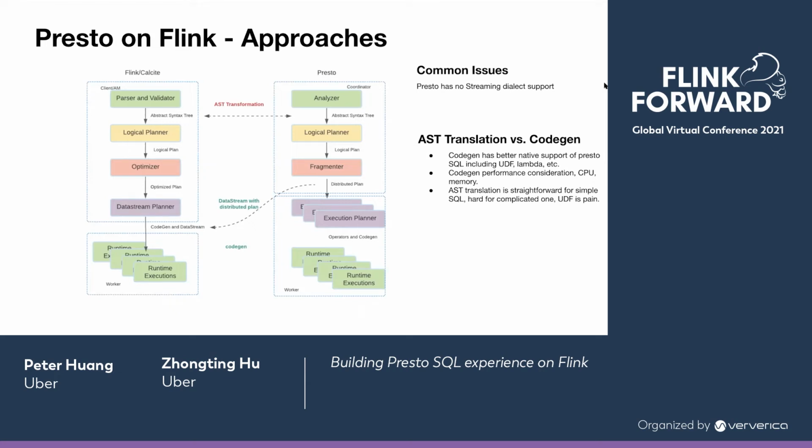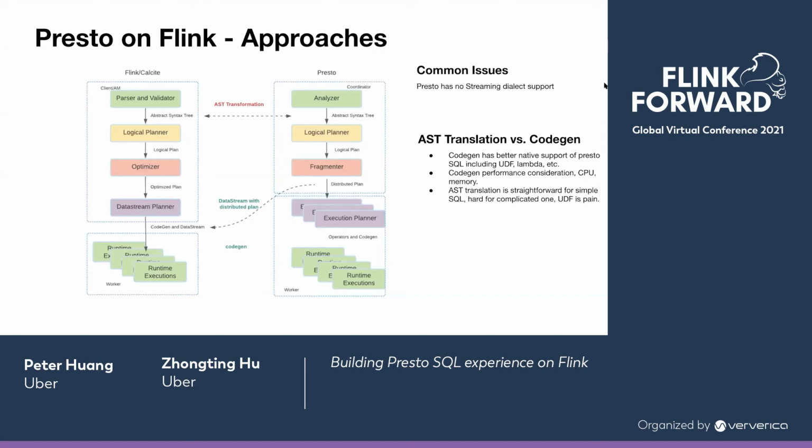So this architecture is pretty much the same for Presto and Flink, but the details are a lot different. First, if we look at the Presto AST to code generation, it actually generates the machine binary code directly using the JVM bytecode generator. But in Flink, it actually goes through the DataStream planner and generates raw Java code.